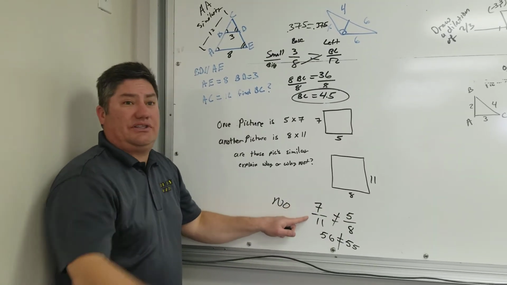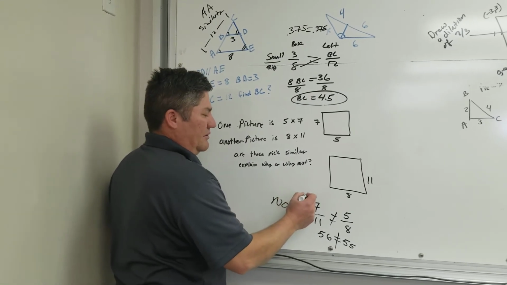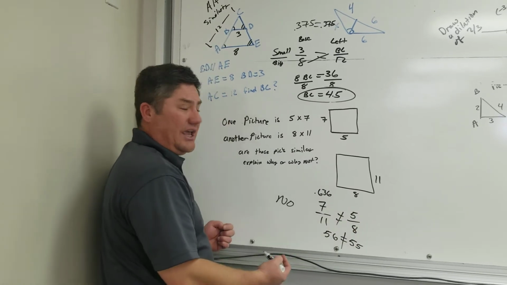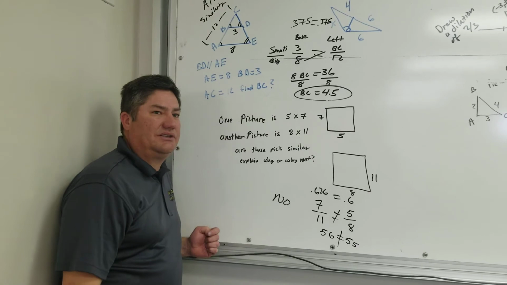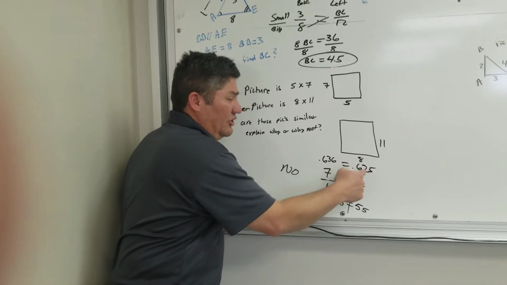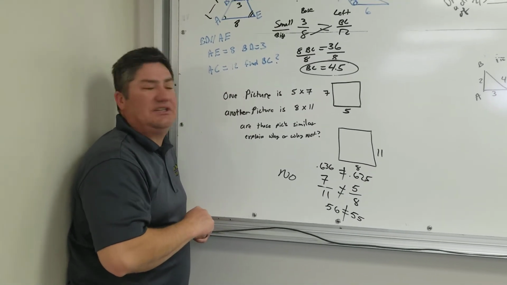You could do 7 divided by 11, which is 0.636. And I could do 5 divided by 8, which is 0.625. Again, those are close, but they're not exactly similar. So therefore, those would not be similar.